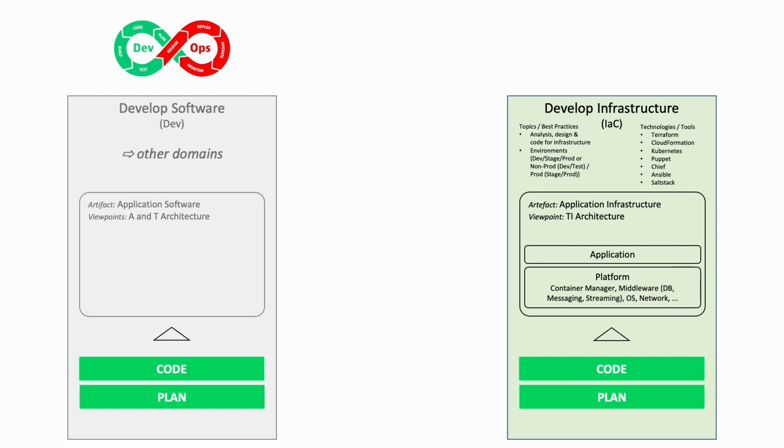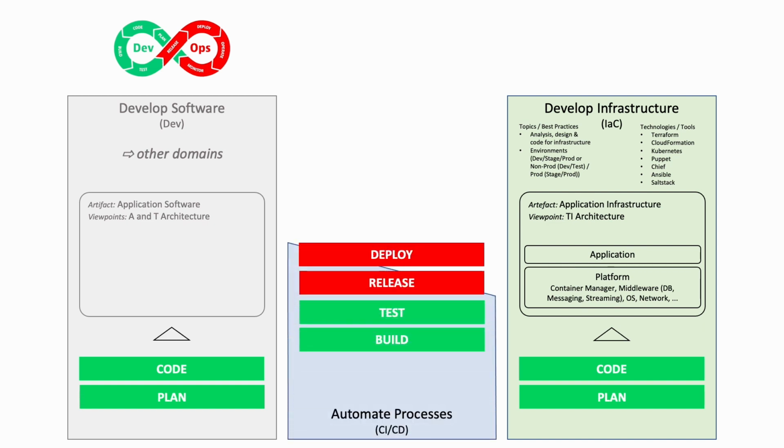The second important task area in our infrastructure and operations domain is now the automation of the tasks that follow coding, namely integration or build, automated testing, packaging, and finally deployment. Keyword CI/CD. With a view to the DevOps 8, build and test from the dev area are involved here, as well as release and deploy from the ops area.